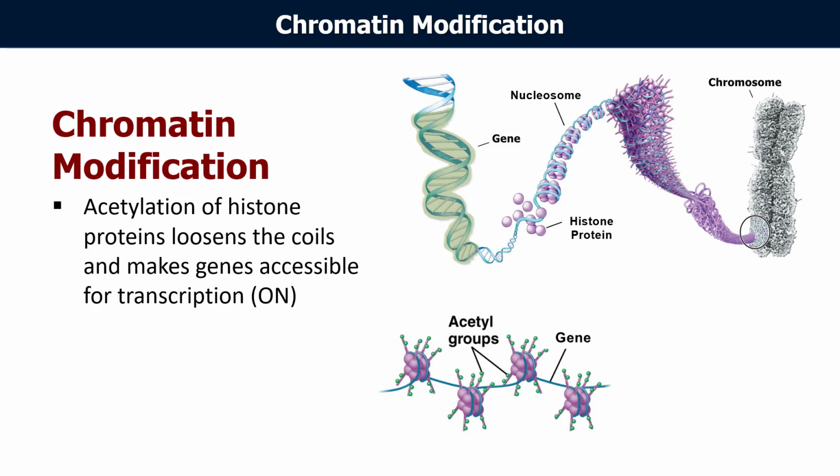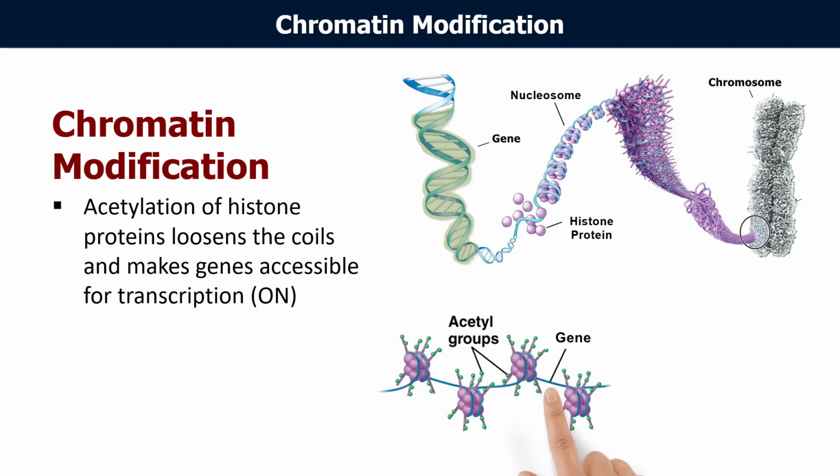And what that does is causes the nucleosomes to separate from each other, creating the spacing in between. And notice that's where the genes are located. So by acetylating the histone proteins, the chromatin becomes uncoiled a bit, making the gene accessible for transcription. So we really can't transcribe the gene unless the gene itself is exposed and available.